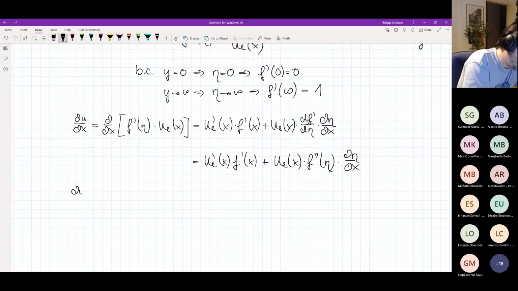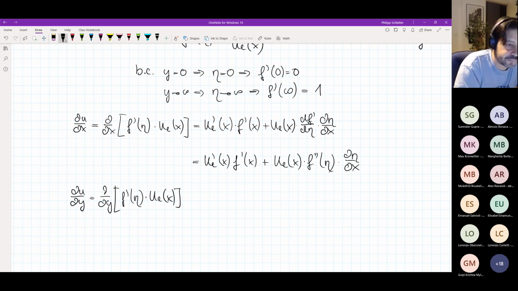Now I need to continue with du dy. Same game here, d dy of u, which is f prime of eta times ue of x. And also this is, of course, the same product. It will be ue of x times df prime d eta times d eta dy.